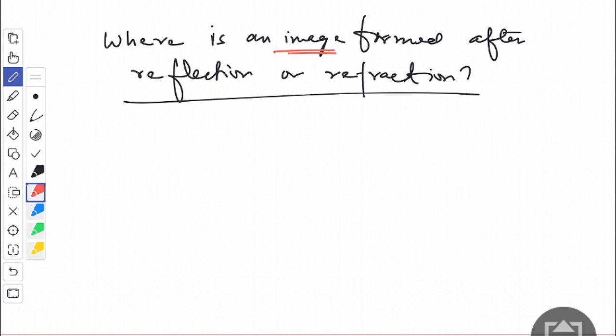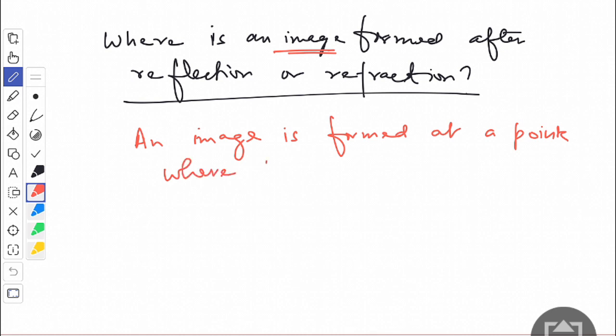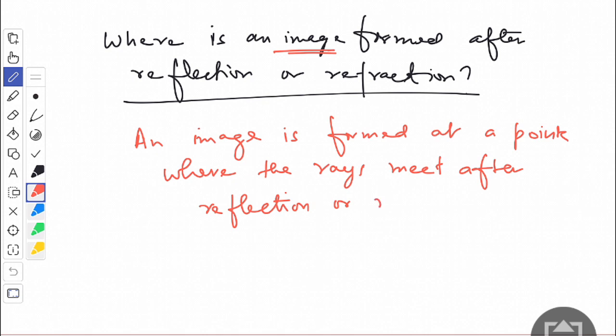So the answer to this is: an image is formed at a point where the rays meet after reflection or refraction. Please don't copy from this yet. Just wait and first understand this, then I'll give you time to write.